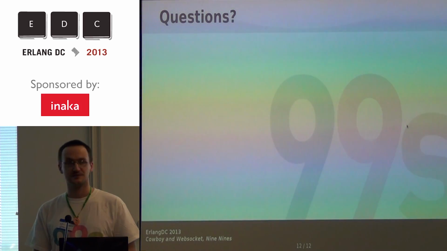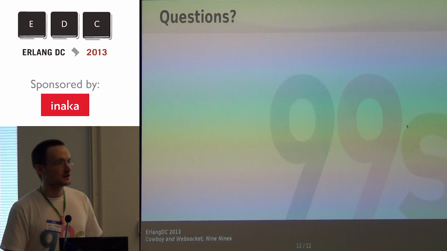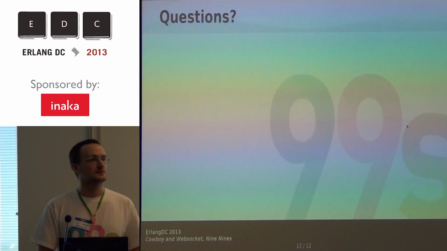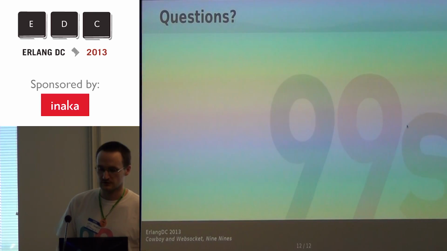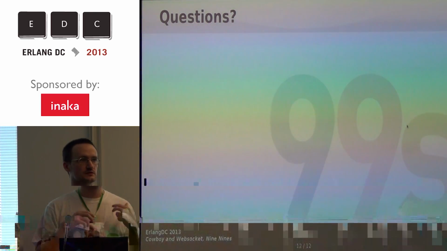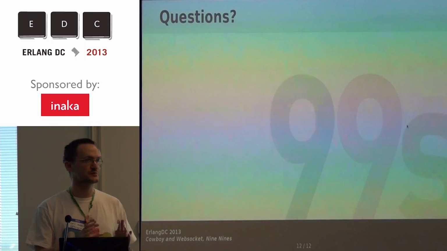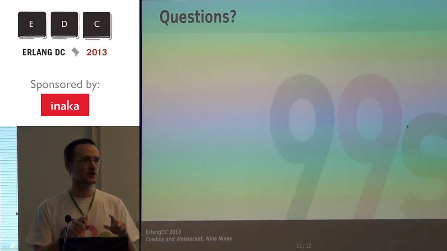Any other question? Yeah? You mentioned an auto-incremented ID, which is easy to do if you only have one instance of your server. What if you have, could you scale this out? Yeah. The way you do this in a distributed environment is that the session process, when you start it, you start it on the same node as the WebSocket connection.